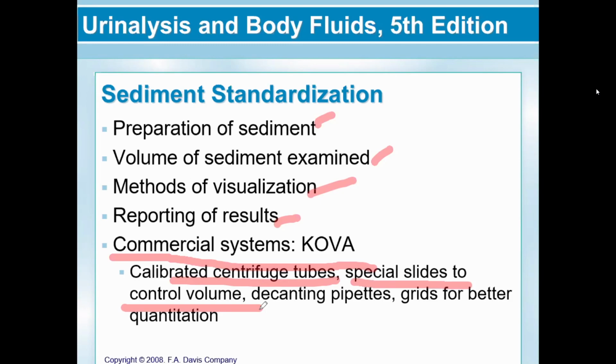As I said, for non-standardized systems, like when we do manual exams in the lab, sometimes they don't use pipettes. They just use the pouring technique. After centrifugation, a quick pour, and the sediment left behind is what they examine. But commercialized systems like COVA provide decanting pipettes.